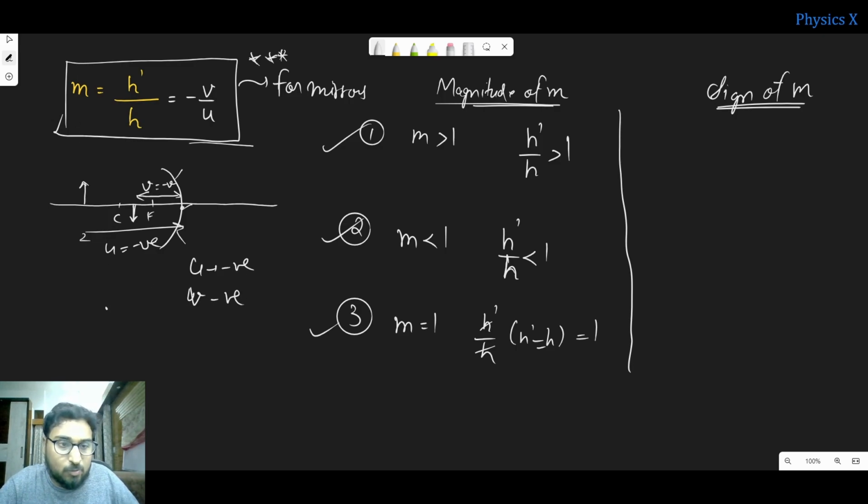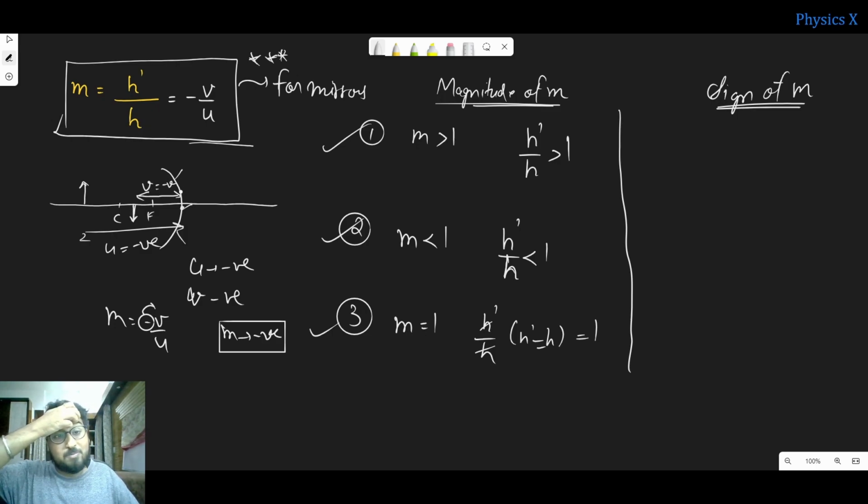If you put this in the formula, that is minus V by U, if U and V are both negative, we will be left with the minus sign. So M will be negative. M negative means that the image and object are on the same side of the pole.